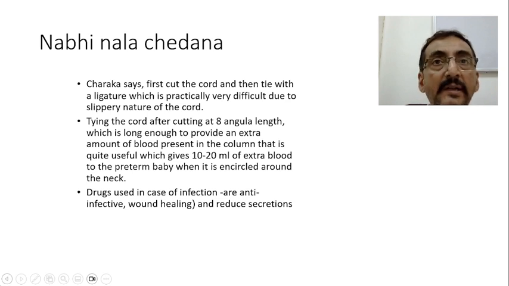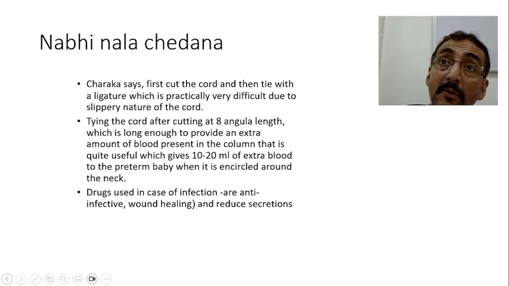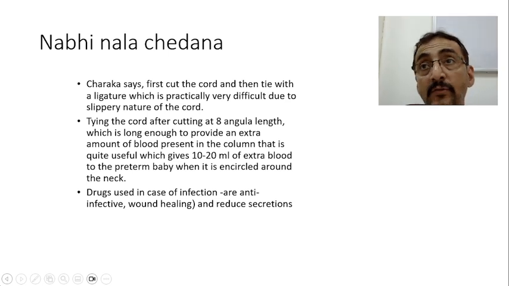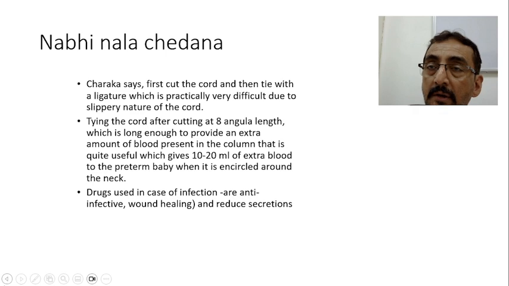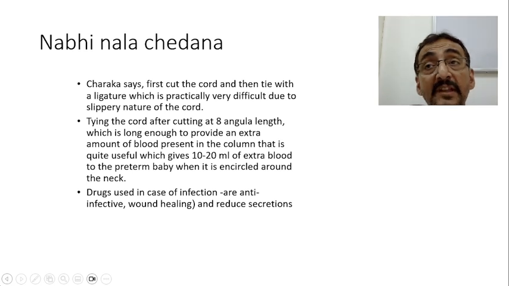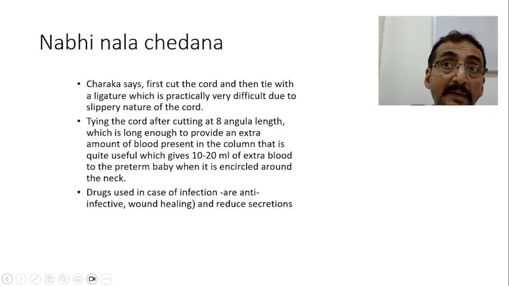If the baby is 2 kg, it contains 160 ml. From the umbilical cord, in the last minute, if you are pushing about 10 ml blood extra, that also means a boost to the baby. So this may be one important idea of cutting the umbilical cord so lengthy.